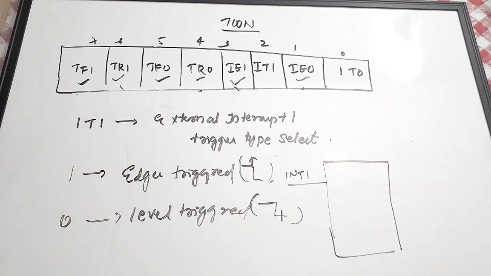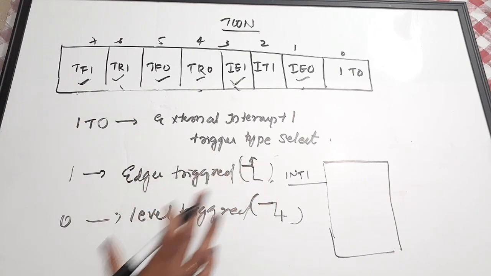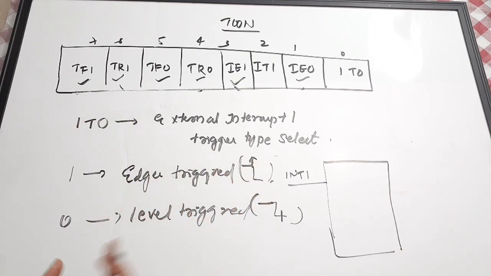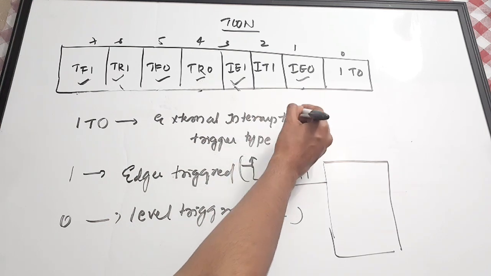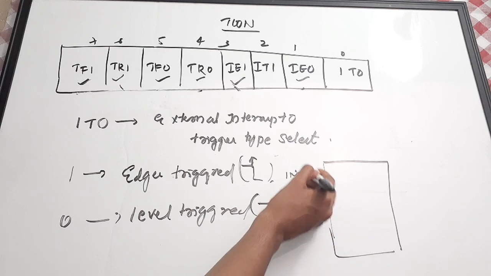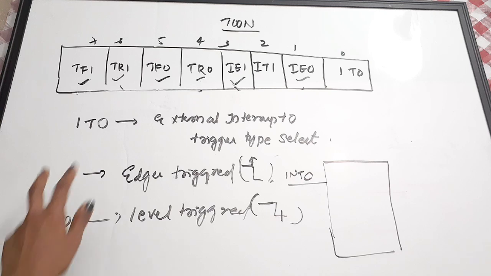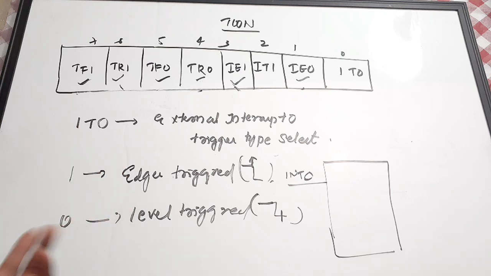Similarly, IT0 is used for selecting the trigger type of external interrupt 0. So there are two external interrupts, INT0 and INT1. For selecting whether the trigger signal is edge triggered or level triggered, we are using these two bits, IT1 and IT0.